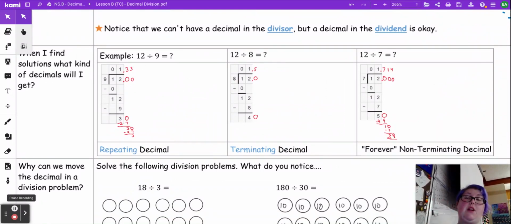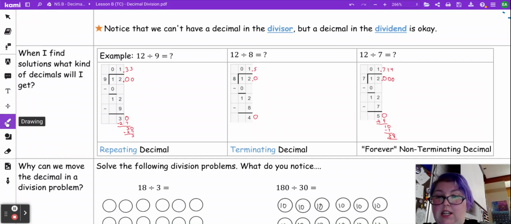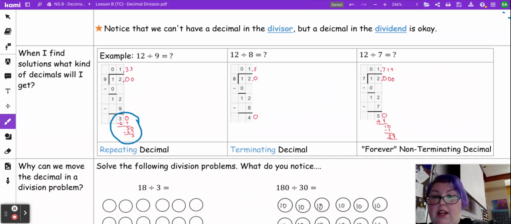All right, so now that we've gone over 2 different ways to do the division, there are 3 different kinds of decimals that you need to know. So the first example, 12 divided by 9, is a repeating decimal. If you look down here, you will see that you continue to get 3 as your remainder. Even if we were to add another 0 for place value, that would still be 3 times 9 is 27.